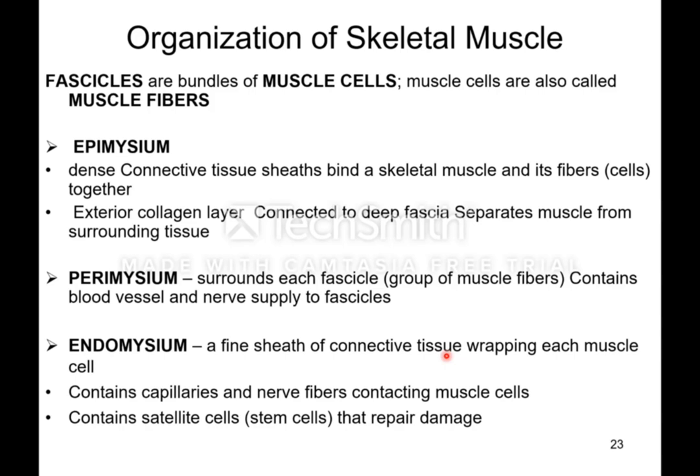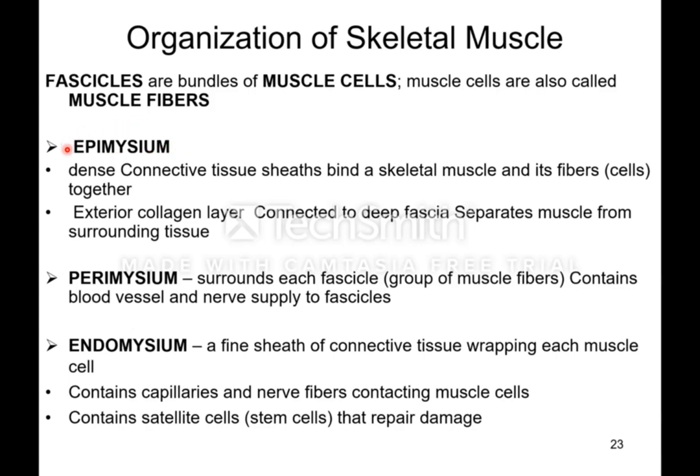Another organization of the skeletal muscle is the existence of some connective tissue types. The connective tissue surrounds the muscle, fascicle, and muscle cells.